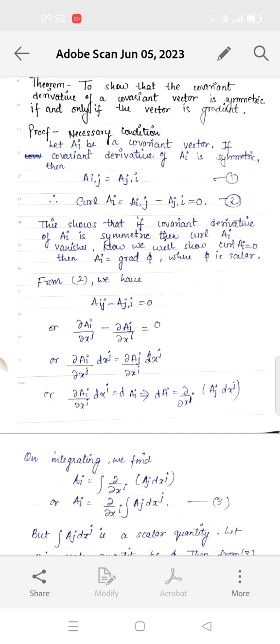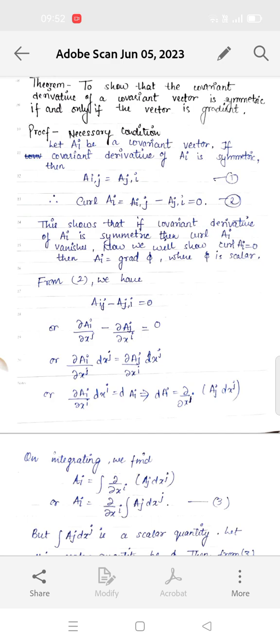Now we will show curl A_i is equal to 0, then A_i is equal to grad phi, where phi is a scalar. From the second equation, we have A_i,j minus A_j,i is equal to 0, or you can say del A_i by del x^j minus del A_j by del x^i is equal to 0.